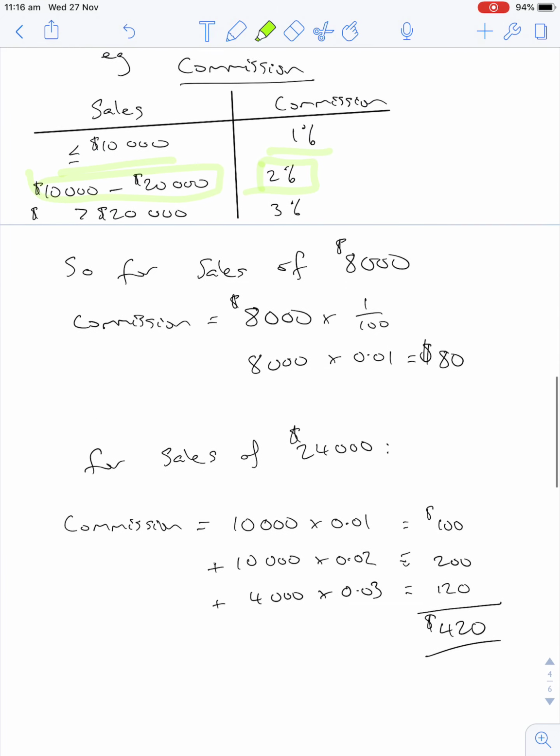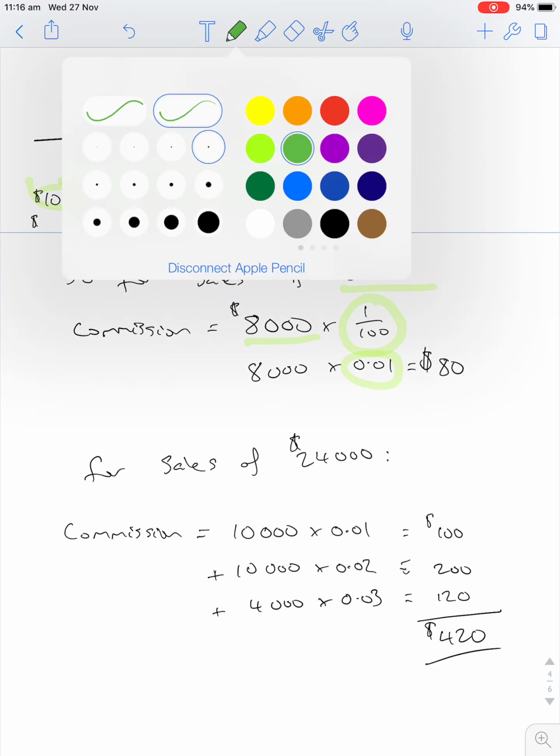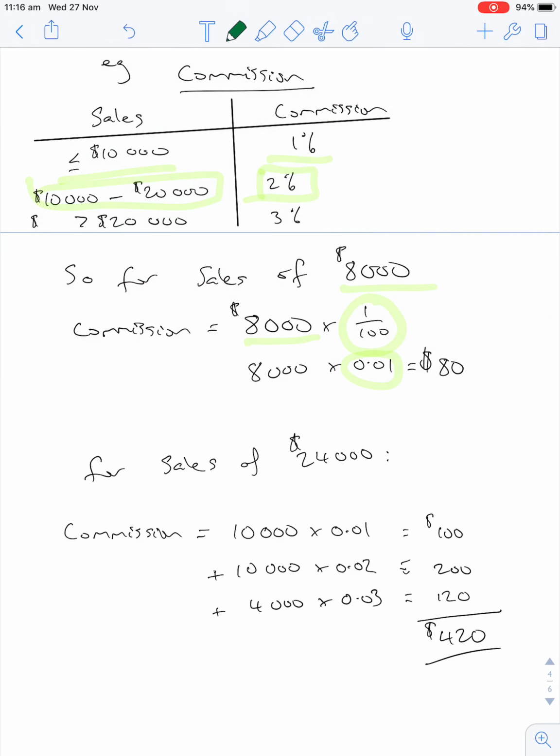So, for example, if I sold $8,000 worth of goods, my commission would just be that $8,000 times my 1%. Don't forget, percentages always need to be converted to a decimal, so 1 over 100, which would make your decimal 0.01. Also, you should know how to calculate some of these things mentally. Don't avoid this, because it's going to come around in exam time and you're going to need to do this. Hopefully you remember those golden rules.